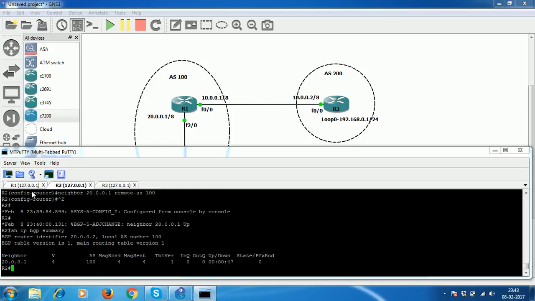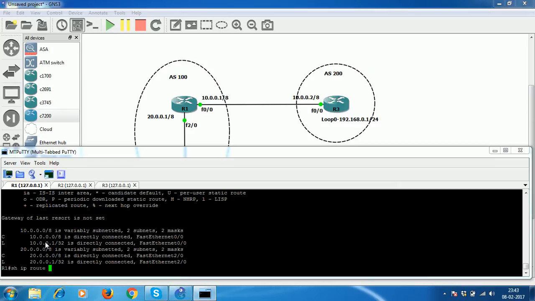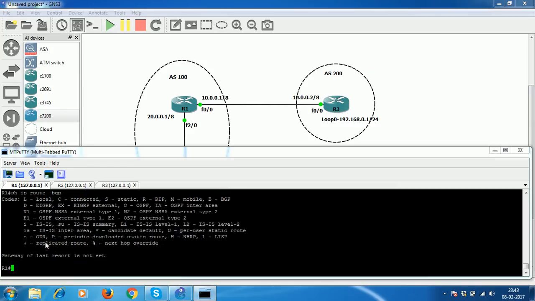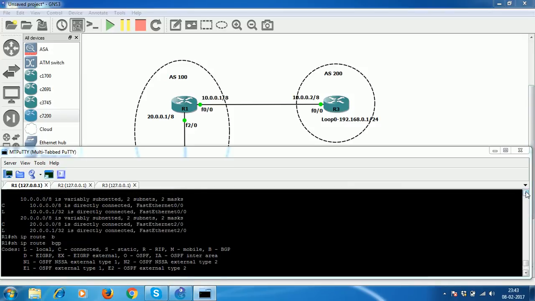If you look at the routing table of router 1, show ip route bgp, there is nothing. It only has directly connected and local routes. Why? Because until now we didn't advertise any networks into BGP.